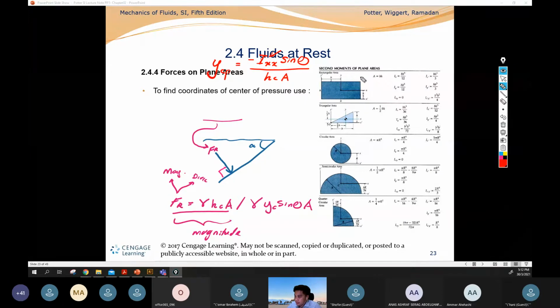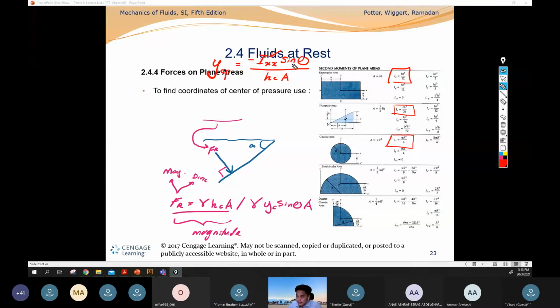For example, rectangular, Ixx is b h cubed over 12. For the triangle, the Ixx is b h cubed over 36. For the circular area, Ixx is equal to pi r to the power of 4 over 4. Alright? It is very simple. Just different in terms of Ixx. The rest is the same.